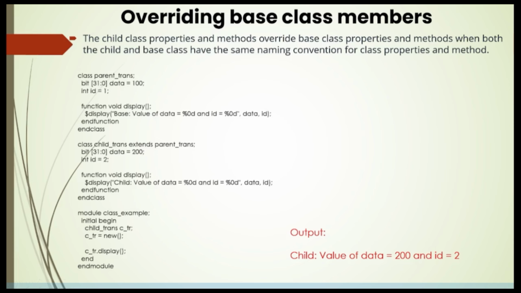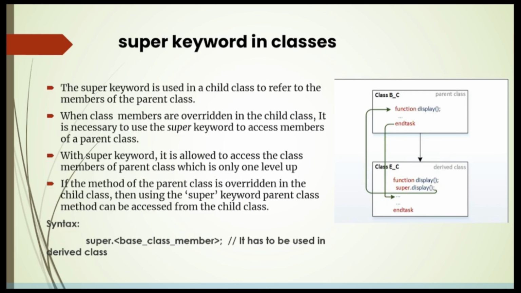You can do that by using the super keyword. The super keyword is used in the child class in order to refer to the parent class. So whenever you want to refer to parent class properties and methods, you can do that by using the super keyword.